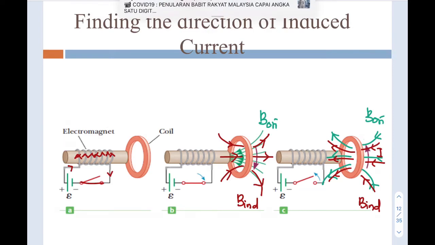So the original B is also decreasing in amount. That is why the B induced is going to support the situation, because the idea is not to have any change. It wants to maintain whatever the previous situation was. So from here we determine the direction of I induced, which is upward like this.